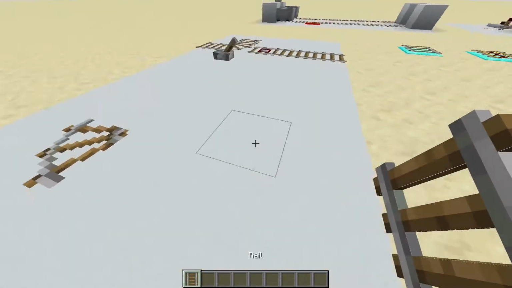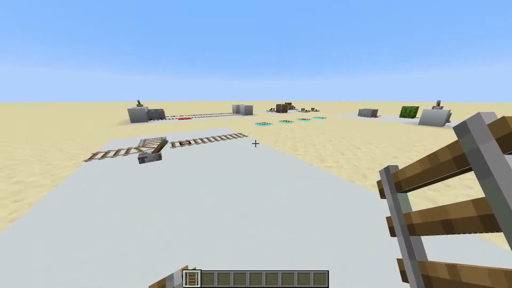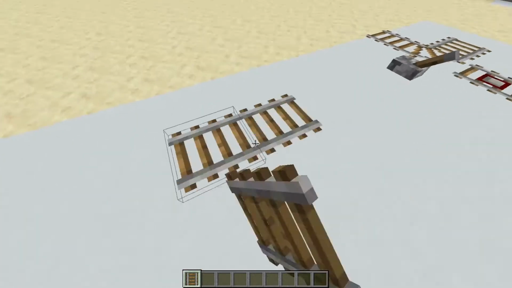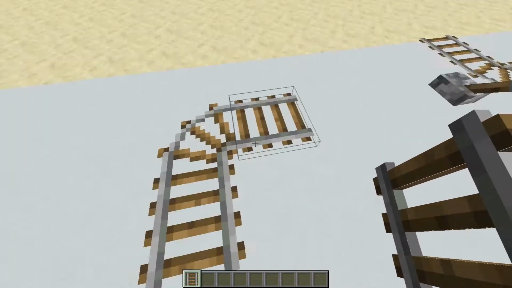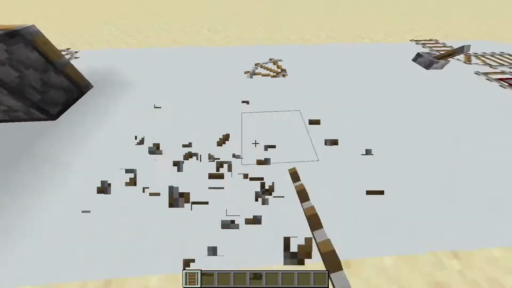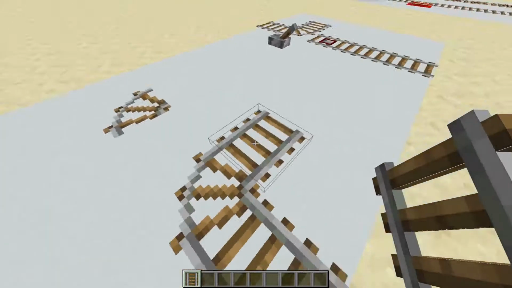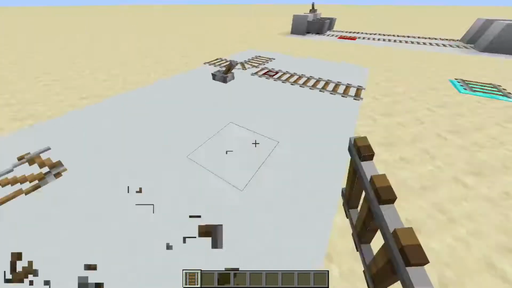What makes this normal rail special is that it's the only rail that can curve. You can see that there's a curved rail right here, and you can make it by just putting an L shape and it will become a curved rail.